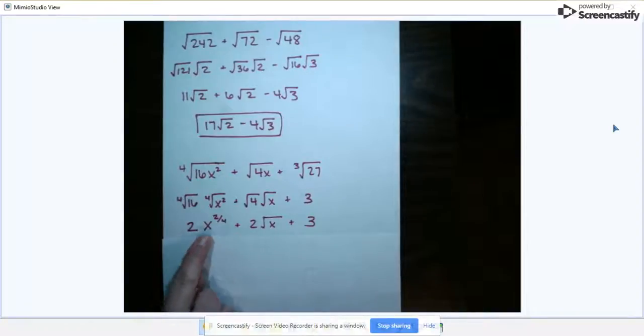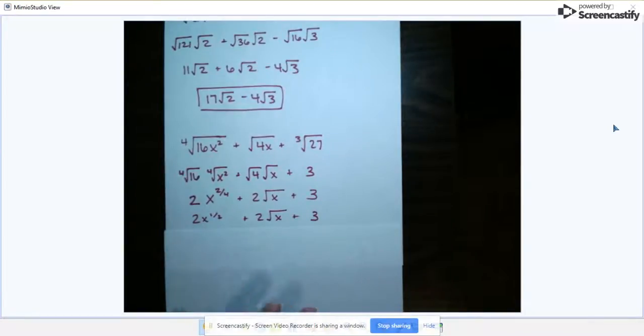And then I'm telling you right now that you can rewrite this 4th root of x squared as a fraction. So x to the 2 over 4. Then simplify here to root x plus 3. Obviously, you can simplify 2/4 to be 1/2.